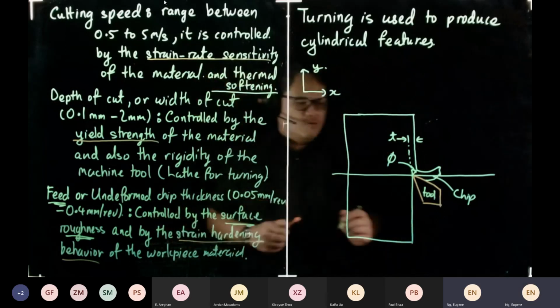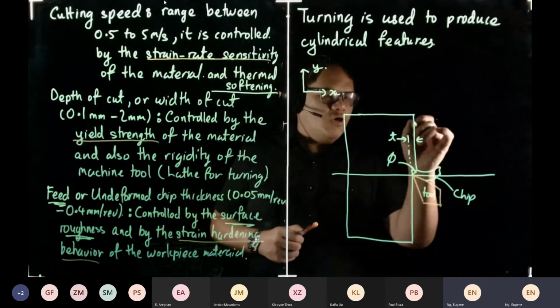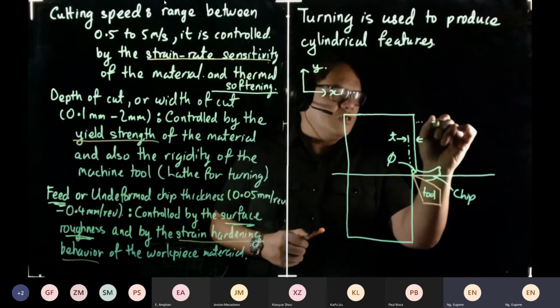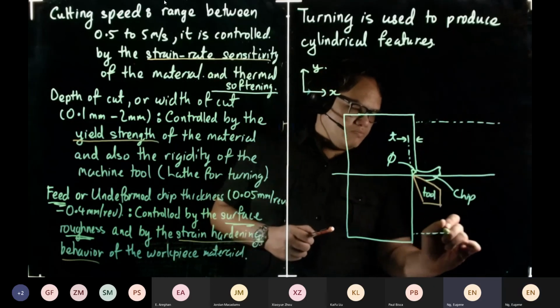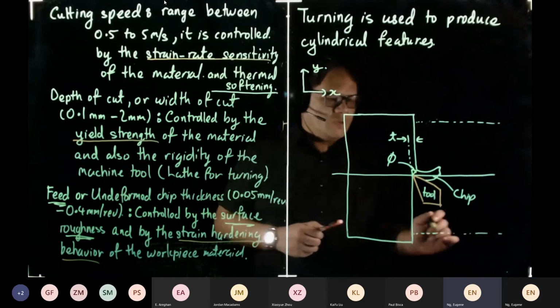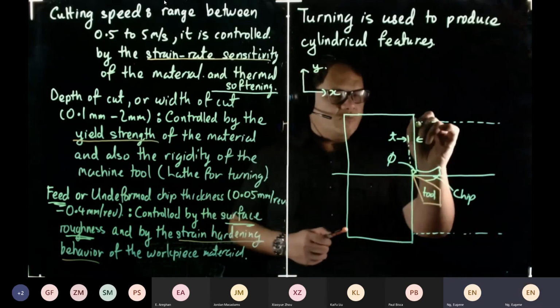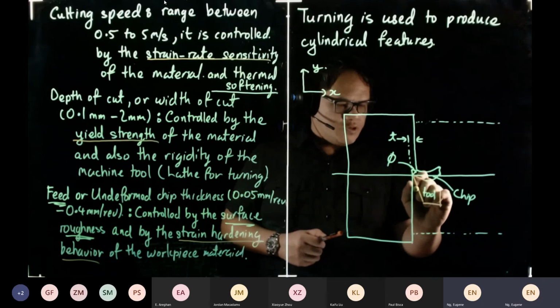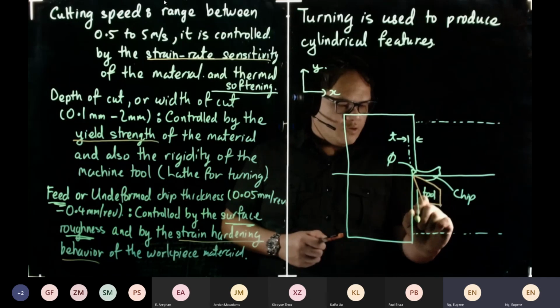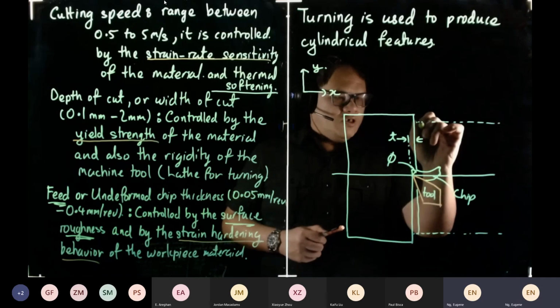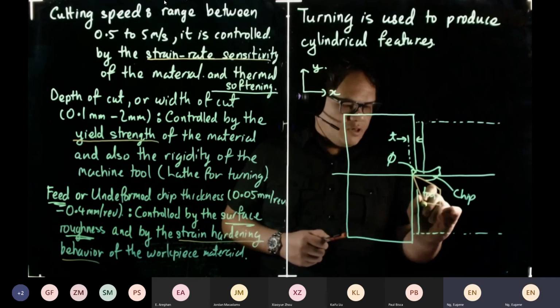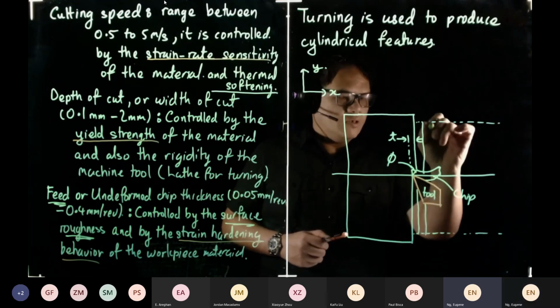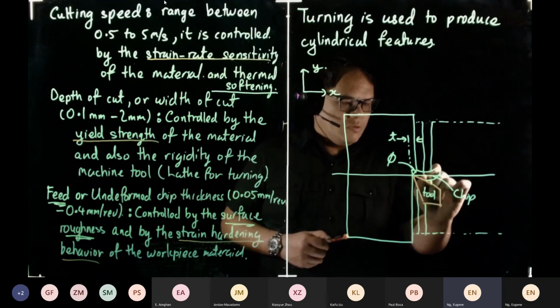Now I'm going to draw another feature over here. I'm going to draw some straight lines in vertical orientation. I'll draw a few.